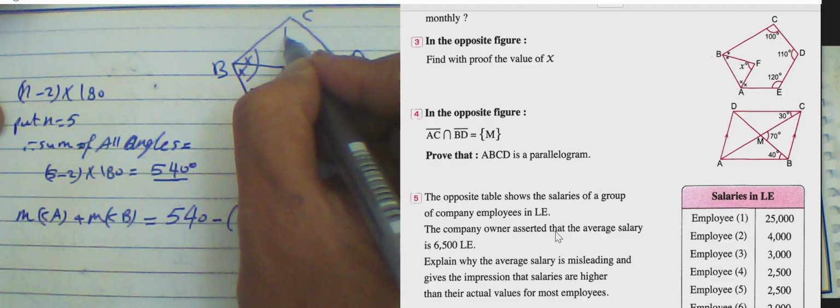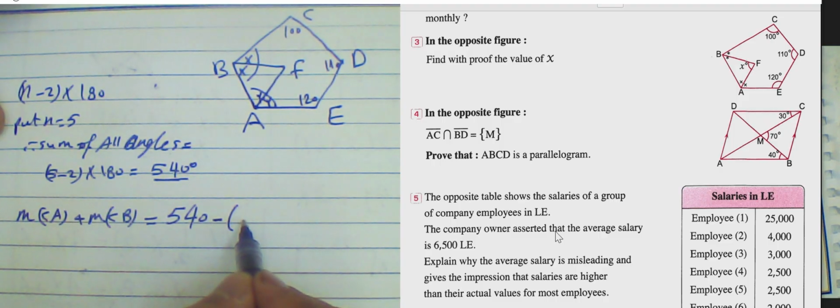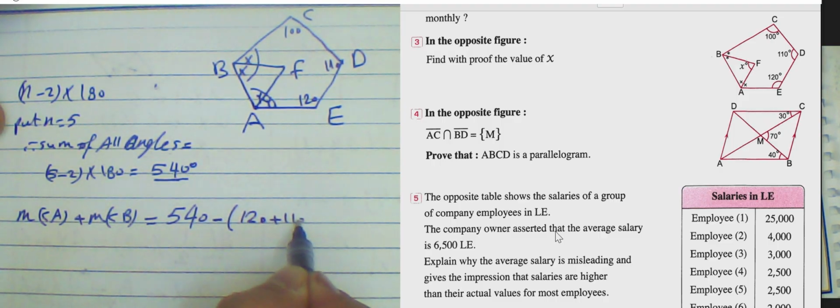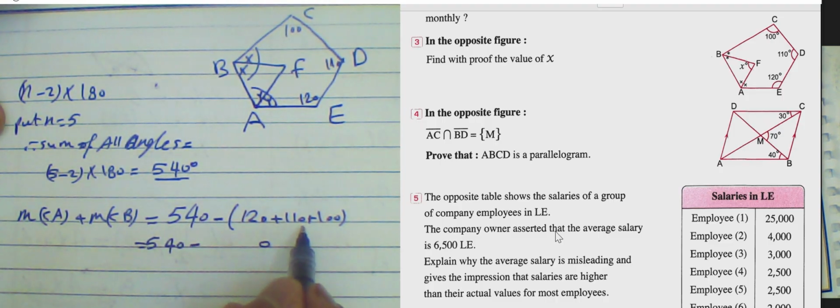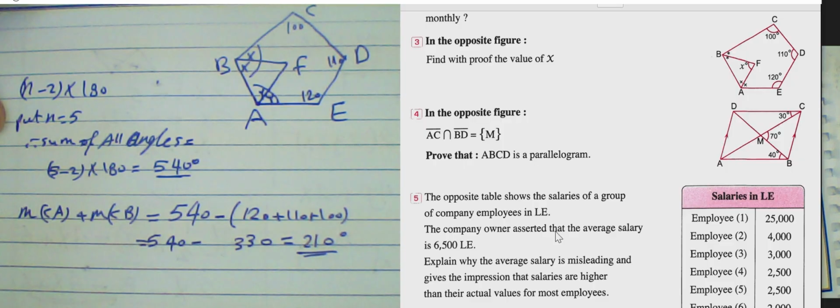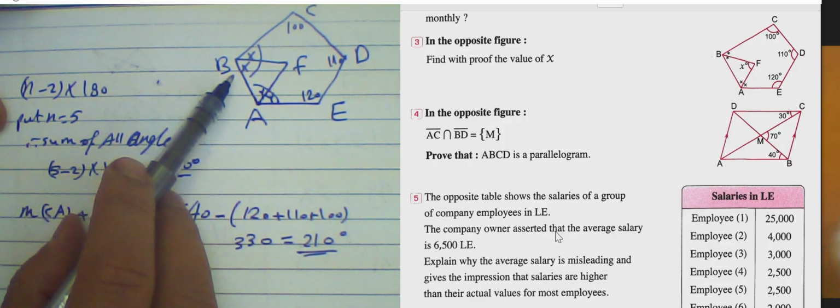We add the three angles together and subtract the result from 540. The result will be 330 subtracted from 540, which is 210 degrees. This is the measure of angle A plus the measure of angle B.